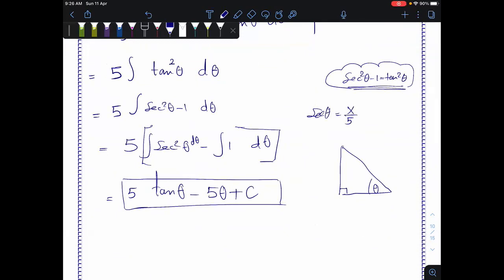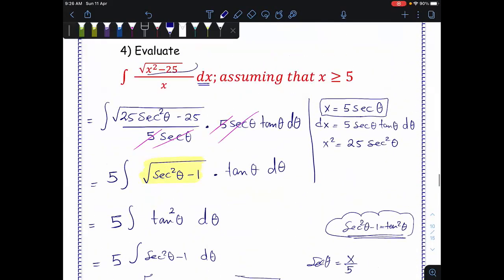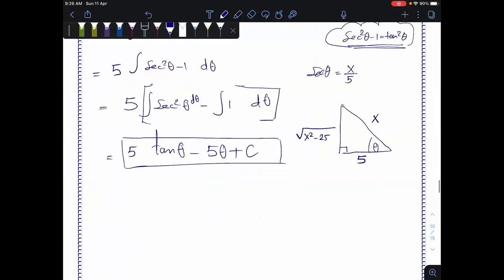Sec is the reciprocal of cosine, so it's the hypotenuse over adjacent. The hypotenuse is x and the adjacent is 5, and the other leg is the square root of x squared minus 25. We need one more step to find theta: theta is equal to sec inverse of x over 5.